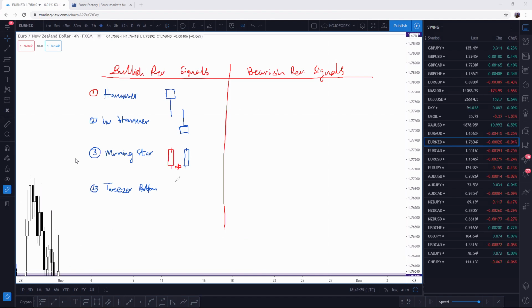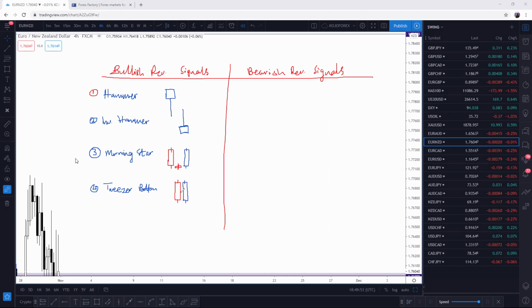With the tweezer bottom, you have a bearish candle which pushes price down, and then subsequently a bullish candle of almost equal size that pushes price back up.